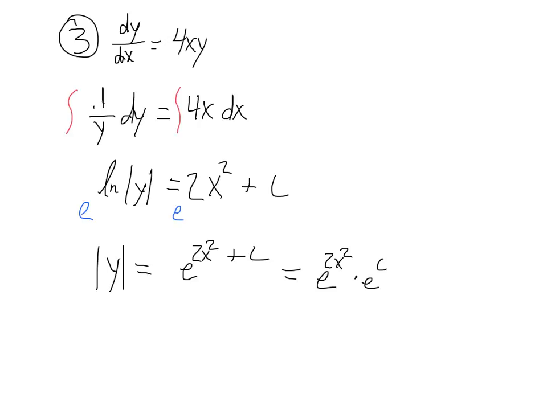And so this absolute value stuff is going to make things over here positive or negative. I can just determine what this unknown piece is going to be later on, positive or negative. And so that technically allows me to get rid of the absolute value symbols and say that my overall answer is, typically we bring that e to the c out front, times e to the 2x squared.